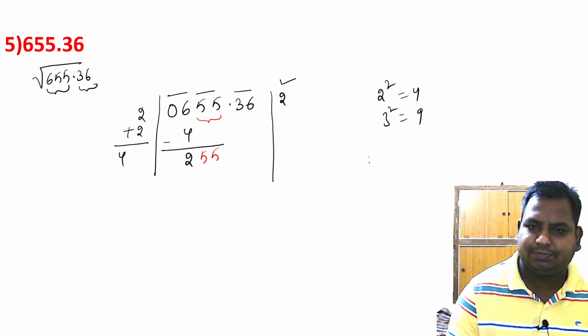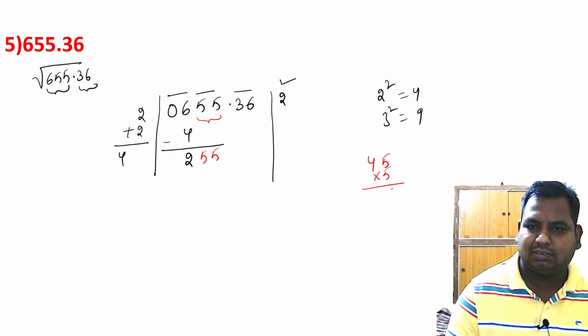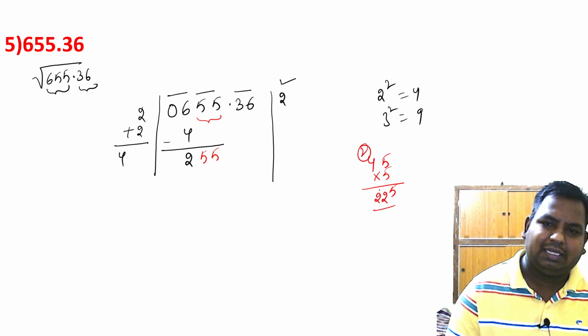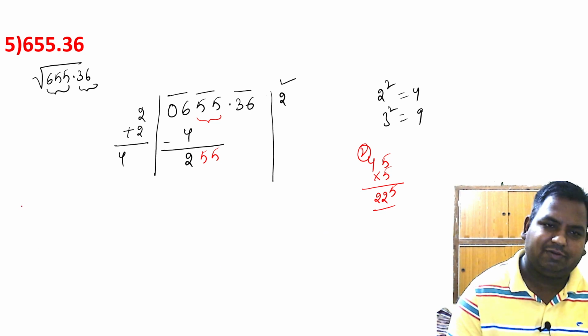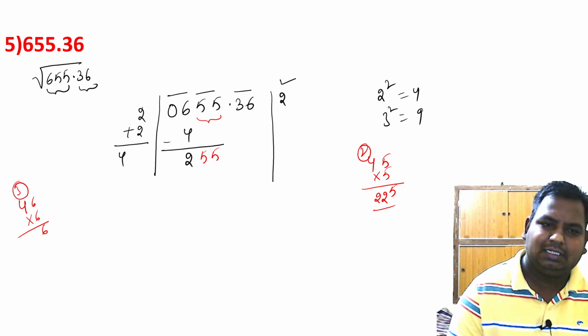We have 4 here. I can take 45 fives. 45 fives is how much? 5 fives are 25. I'll have 225. Let me check for 46 sixes. 6 sixes are 36, 6 fours are 24, 27.